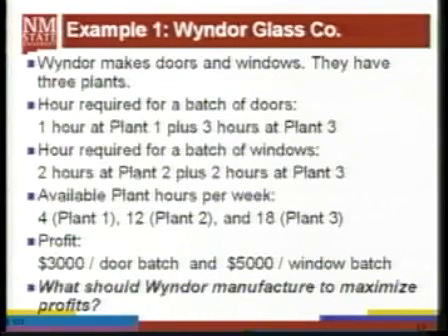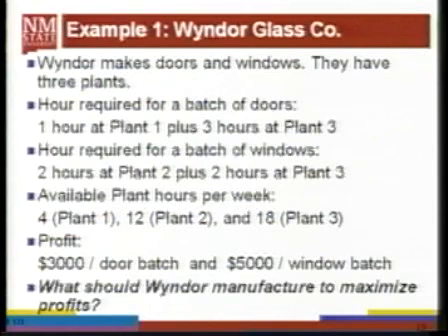Okay, then let's take a simple example. Winder makes two different products, doors and windows, in 3 different plants. A batch of doors requires 1 hour at plant number 1 plus 3 hours at plant number 3.